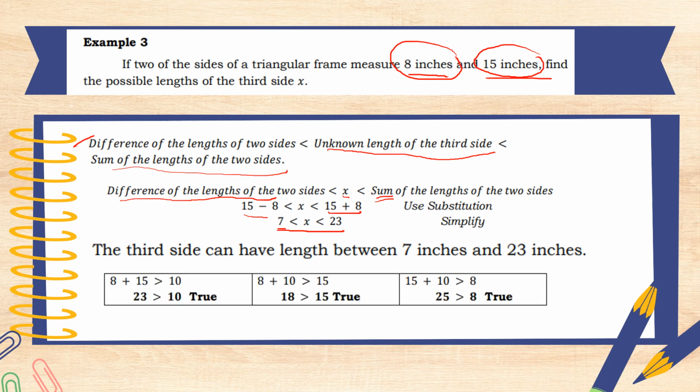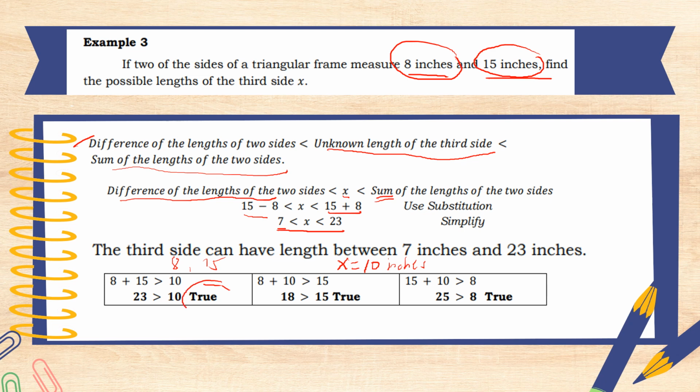To check whether the length of the third side, x, could be any value between 7 and 23, let us choose one value in the interval and apply triangle inequality theorem 3. So let us consider that x is equal to 10 inches. Now to check, the sides of the given triangle are 8, 15, and 10. So 8 plus 15 is greater than 10.